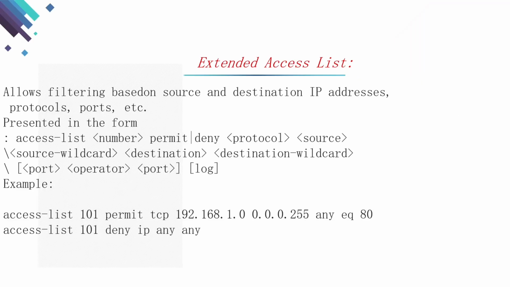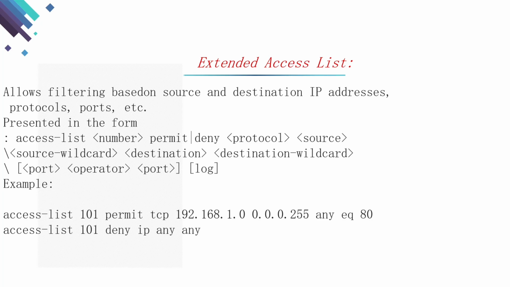So let's go to the extended. In the extended you have multiple options. You can filter the packet based on the source, the destination IP, protocol, port, and others. For the example, you type access-list and the number. We know 1 to 99 is the standard access list, and 100 to 199 is extended.